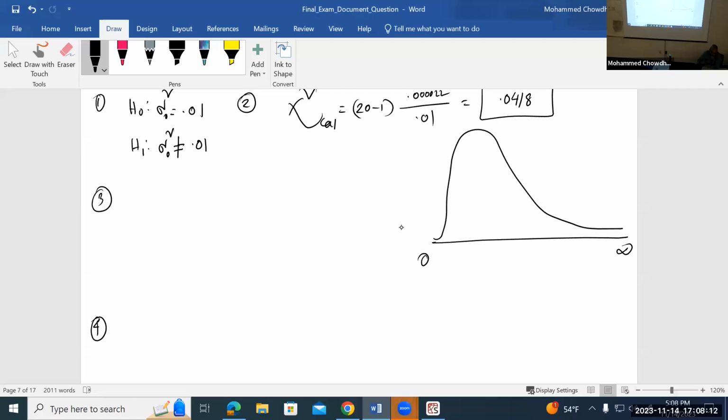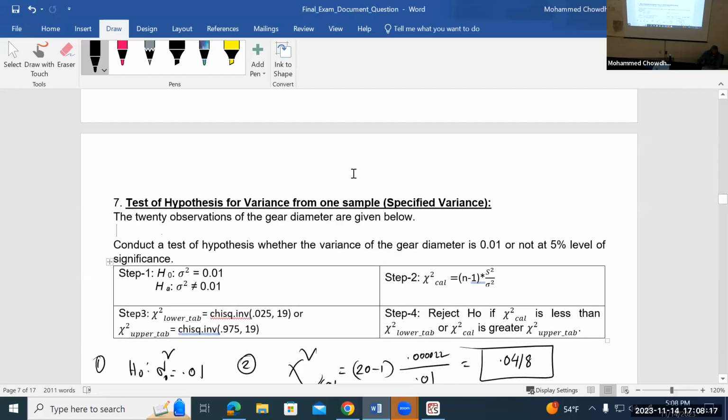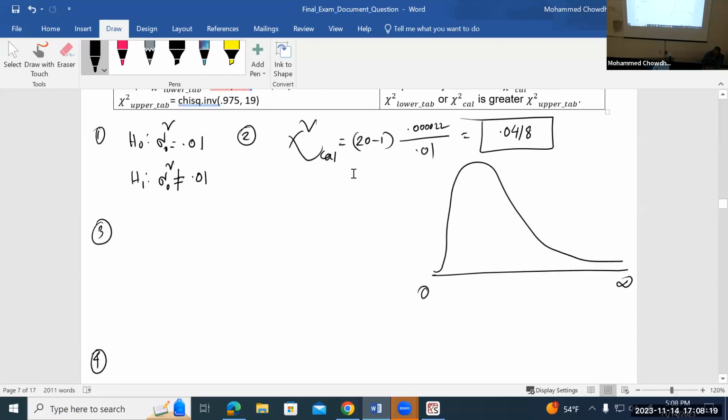So we are given a 5% level of significance. So alpha equal to 0.05. Then half of it will go there, which is written as 0.025, and half of it will come in here, which is also 0.025. Clear, right?